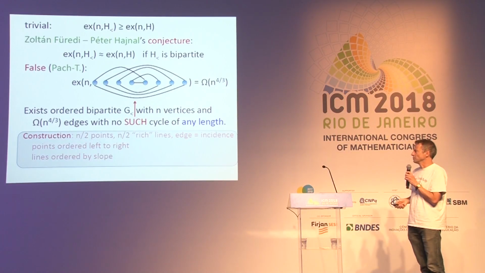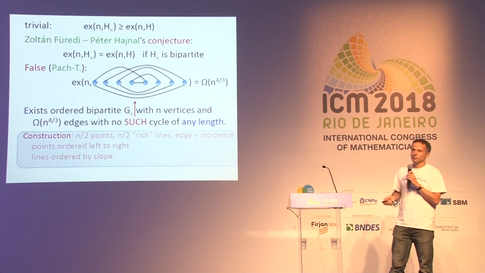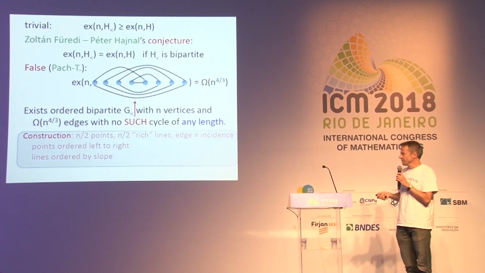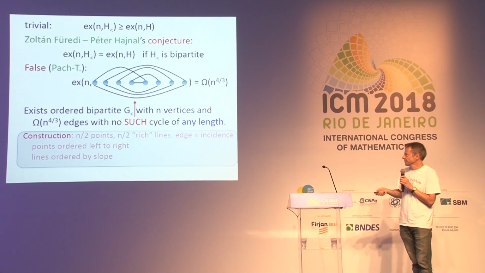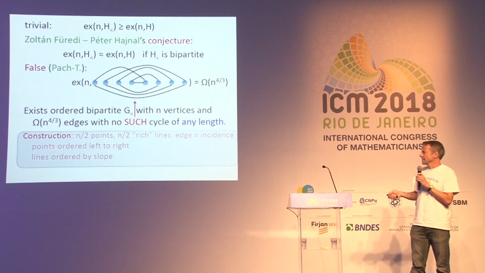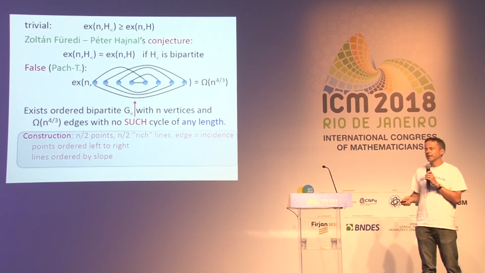It doesn't matter what you do with ties. And the lines are ordered by slope. Again, it doesn't matter how you break ties. And so that's the construction. And to make this into a full proof, you just have to check that this particular graph doesn't have any cycle of this type. And it's a very easy exercise.